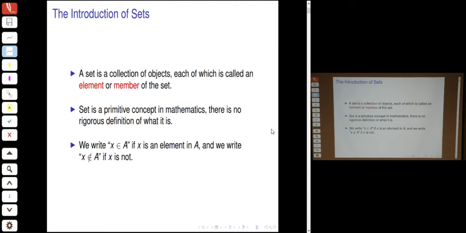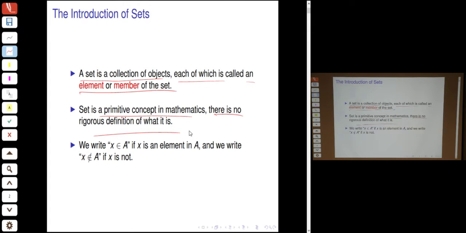One of the basic objects that we have been talking about directly or indirectly is sets. So what is a set? A set is a collection of objects, each of which is called an element or a member of the set. A set is a primitive concept in mathematics, and there is no real rigorous definition of what it is.